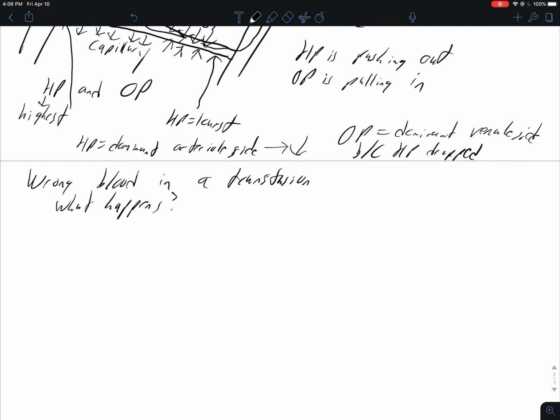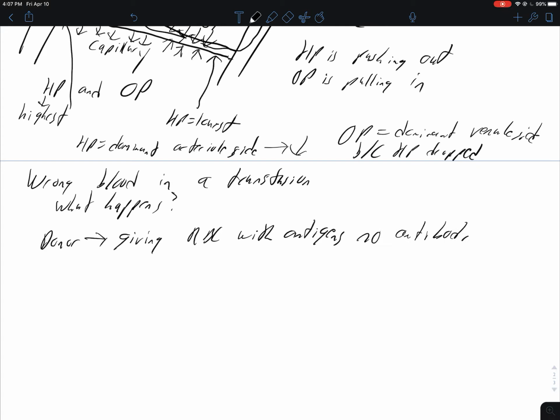So, the donor is giving red blood cells with antigens. No antibodies are given. Okay? No antibodies, we give red blood cells with antigen.